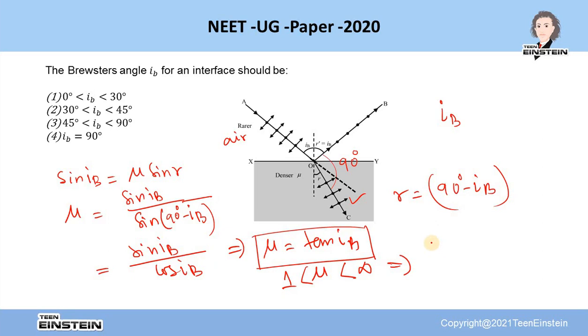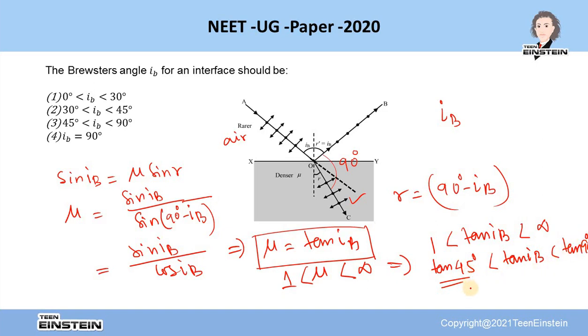So this implies that 1 is less than tan iB, that is less than infinity. So tan 45 will give rise to 1. So that is what we are writing here. Let this be as it is, and this infinity can be written as tan 90 degree.